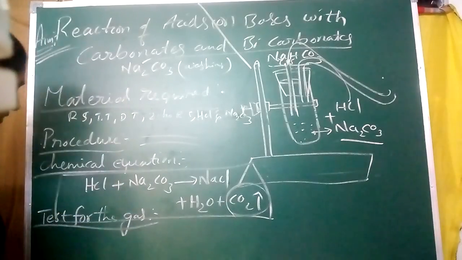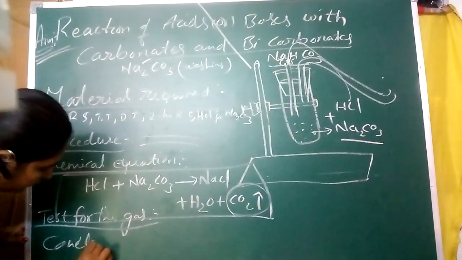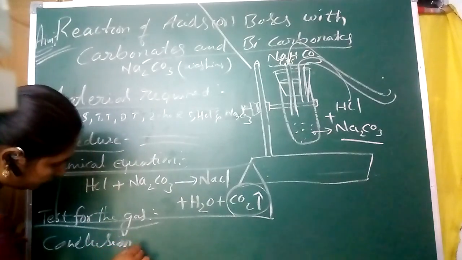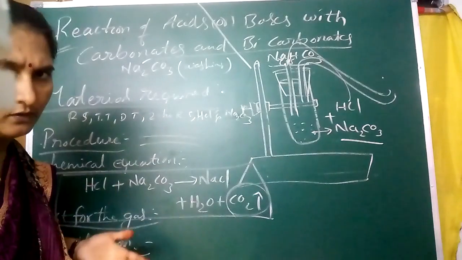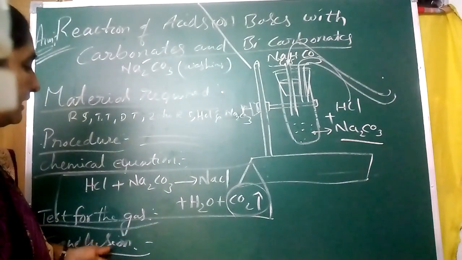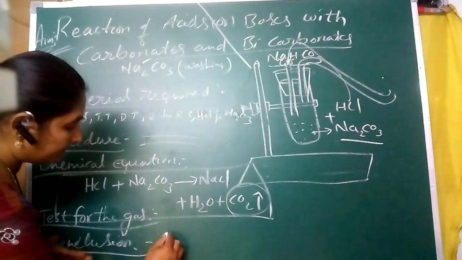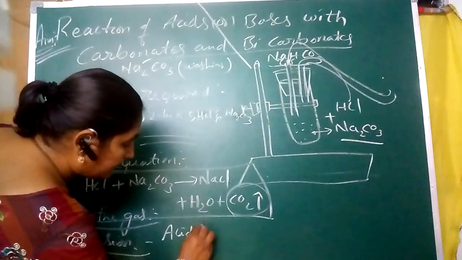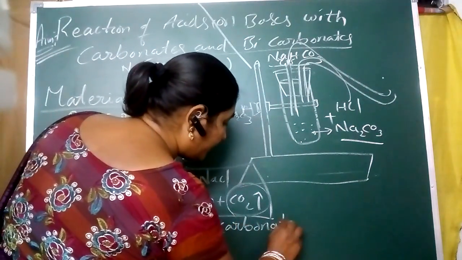After that, how to write the conclusion. Conclusion, yes, you have to write. Or observation, you can write either observation or conclusion here. Both are the same only. What is the conclusion here? When acids react with carbonates, what will be formed here?